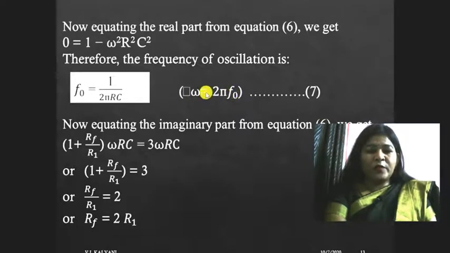After solving this equation and applying the formula, we obtain f naught equal to 1 upon 2 pi RC. So this is the oscillation frequency, the frequency of oscillation f naught equal to 1 upon 2 pi RC.